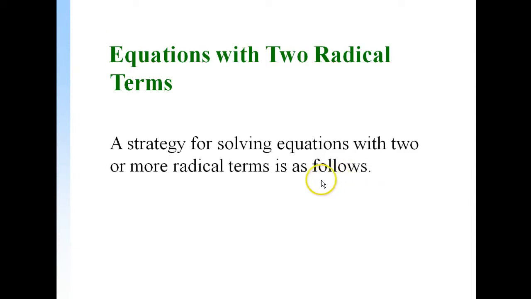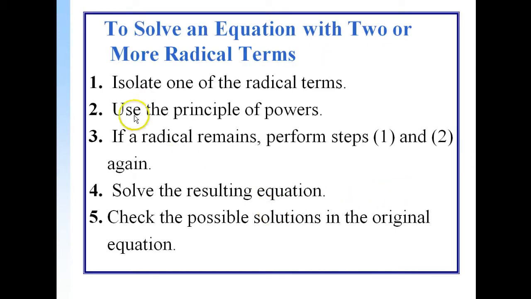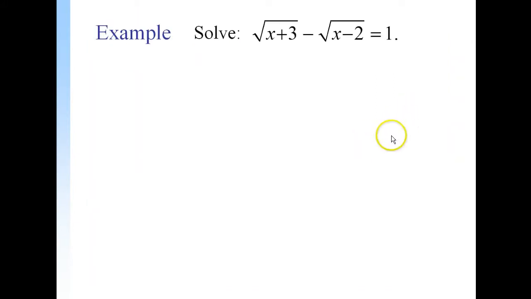Now, how about if there are two radical terms? How are those done? Well, again, you isolate one first, use the principle of powers, then clear, and then work with the other radical. And I'll show you this and check it. Okay, here we go.